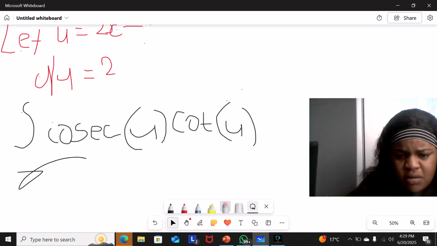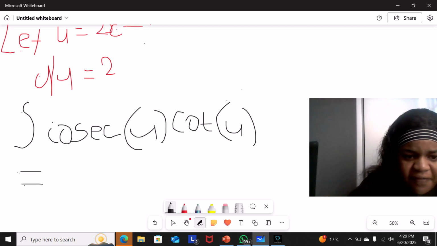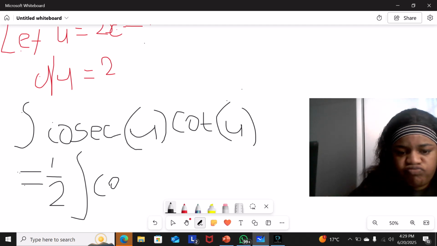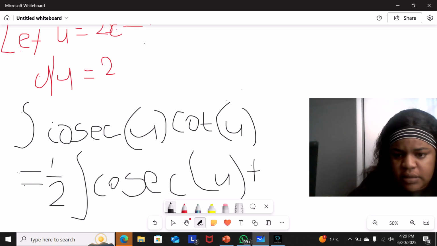It's equal to half the integral of cosec u plus c.